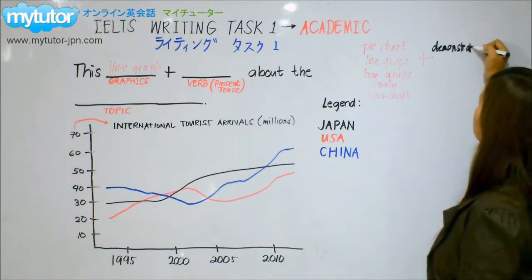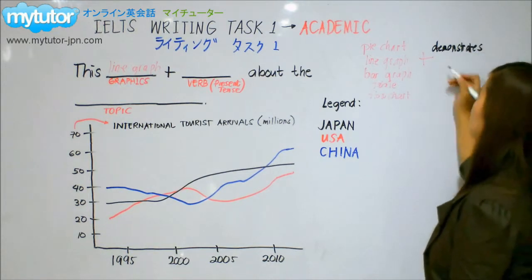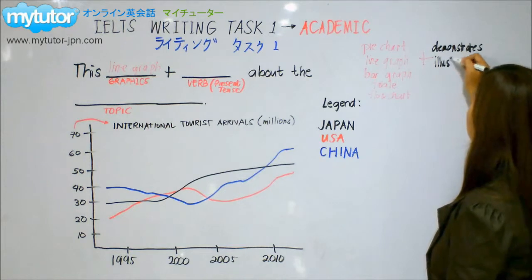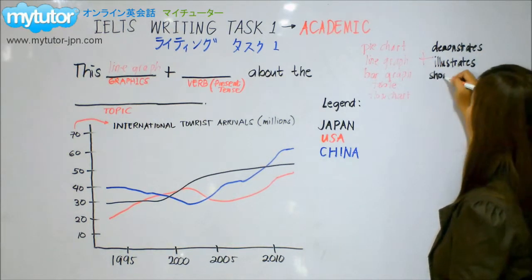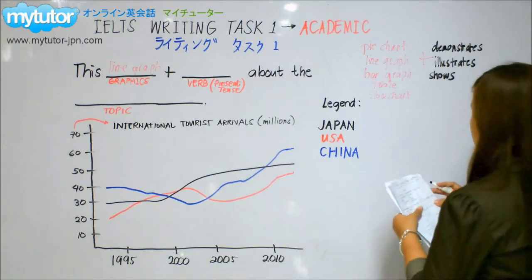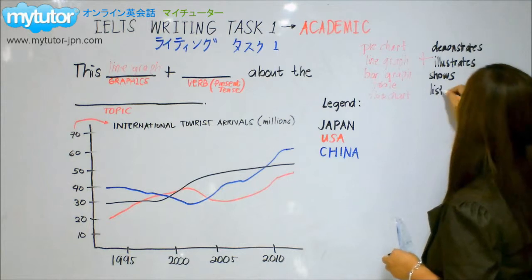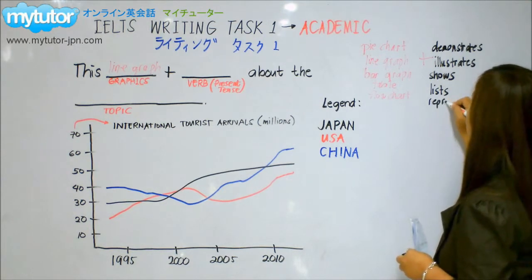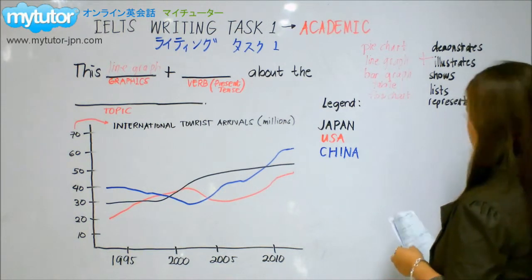This is in the present tense. You can say illustrates. What else do we have? We can say shows, very simple. It demonstrates, it illustrates, it shows, it lists, it represents. What else?